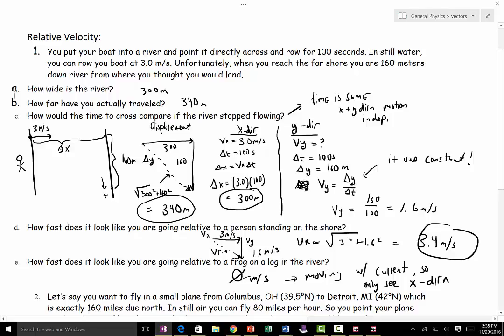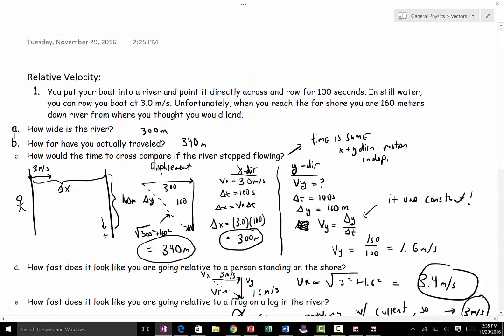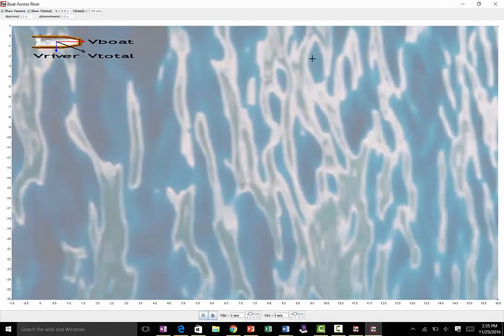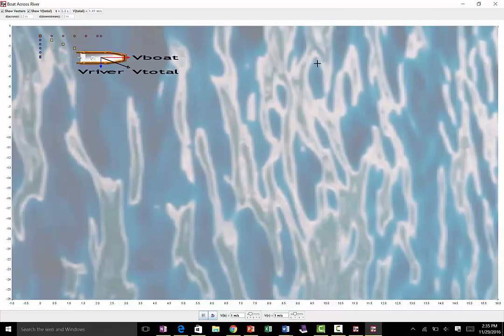Alright, so how fast does it look like you're going relative to the frog? So 0 meters per second is the vertical, so that means all you see is x direction stuff, which is just going to be 3 meters per second. You're just going to see that object coming at you at that velocity, whatever it is.